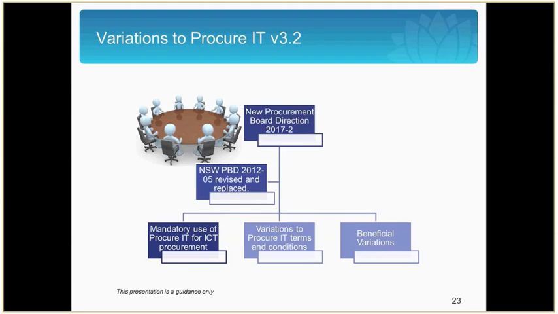This is to align with decentralization of procurement, and it avoids duplication of government legal resources. Now, notification to the Department of Finance, Services and Innovation legal team is required so a central register can be kept of variations to Procure IT.